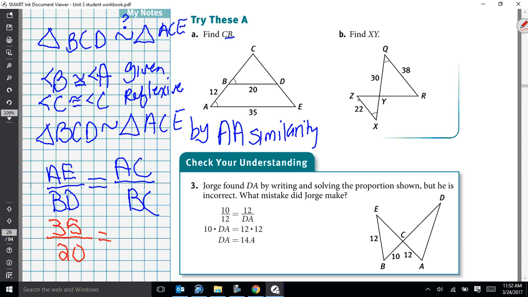That would work if I did the whole thing. So I asked, what do we do to get that AE? And it's just adding them together. Adding them together, right? So what's that called when we add segments together? Segment addition, right?